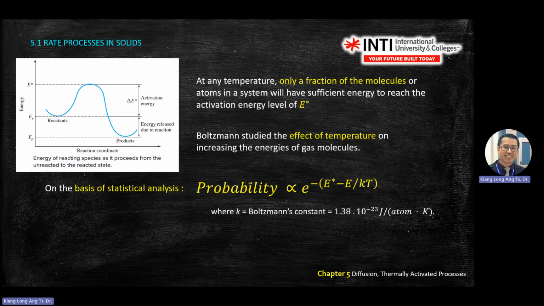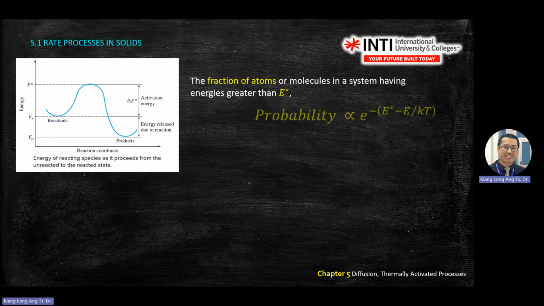That is the Boltzmann constant. The Boltzmann constant has two types, one in joules and one in eV. Here we use joules because we link with the energy here.